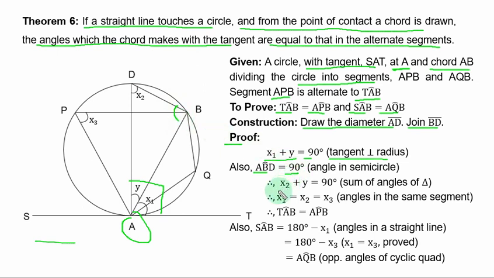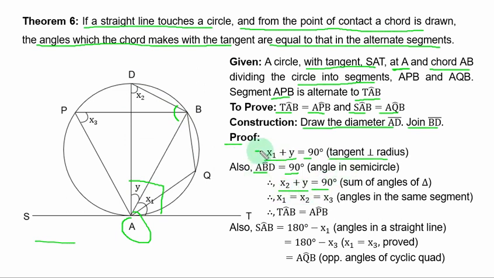Therefore, S2 plus Y is equal to 90 degrees. This triangle ABD is right-angled because this angle is 90 degrees. So if you add the two other angles, S2 and Y, the sum is equal to 90 degrees.